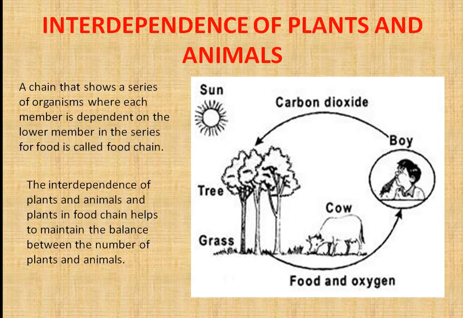Animals in return give out carbon dioxide, which is needed by the plants for photosynthesis. So interdependence means how animals and plants are dependent on each other for their needs. This is what we have discussed in the interdependence of plants and animals.